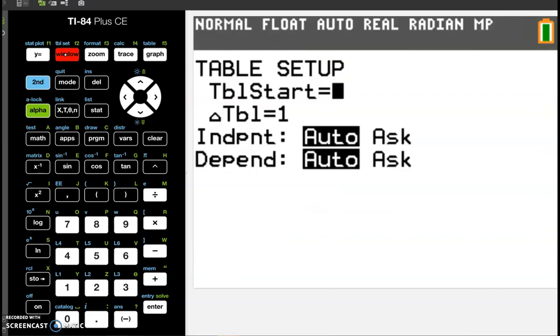I have two choices here. I can start this table at negative 0.1 and count by a certain value. This triangle here means change in table. Or I can put it on ask, only the independent variable. So I'm going to do it this way.